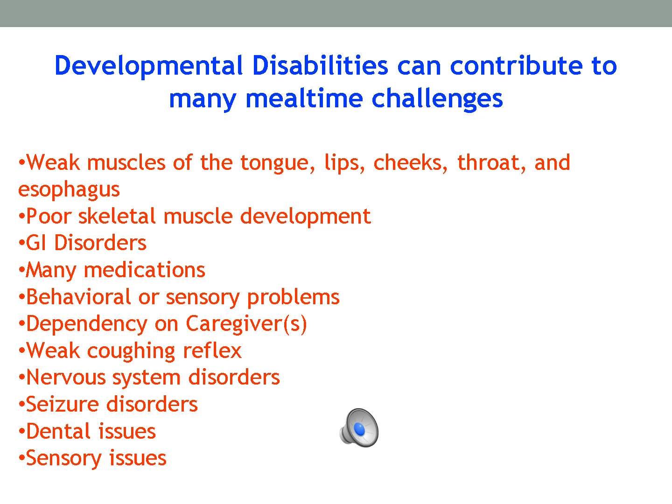When working with the developmentally disabled and intellectually disabled population, there are a number of things that can contribute to many mealtime challenges. Some of the things that contribute can be weak muscles of the tongue, lips, cheeks, throat. All those are very important when you're preparing your food to swallow. Weak muscles in the esophagus, even whenever something that's normal for us for food just to, once you swallow it, you forget about it. When you have weak muscles in your esophagus, it doesn't work the way it's supposed to, and that can cause problems.